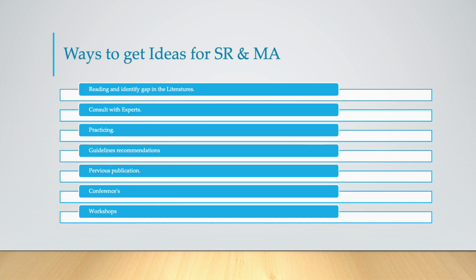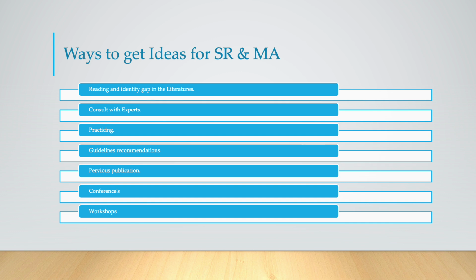So how do we get ideas for systematic review and meta-analysis? In my opinion, the most important tip is reading and identifying the gap in the literature. Also by consulting experts. For example, when we check an idea about DM, here we consult an endocrinologist.